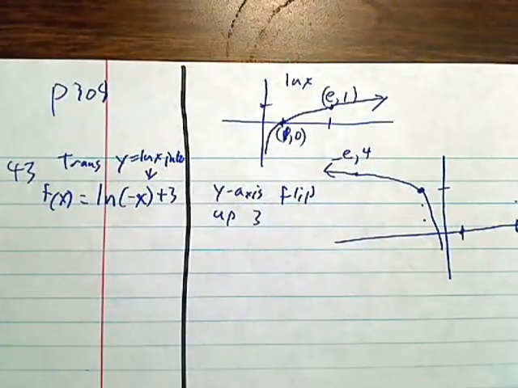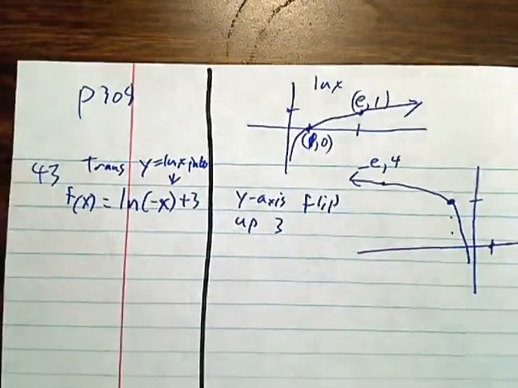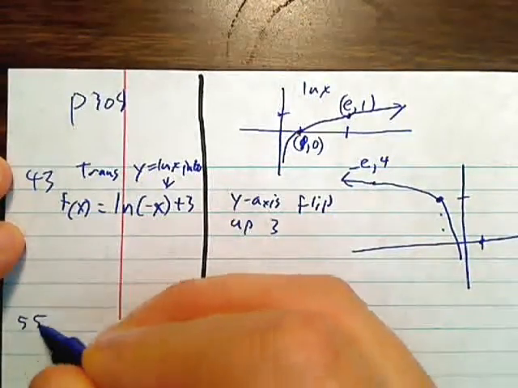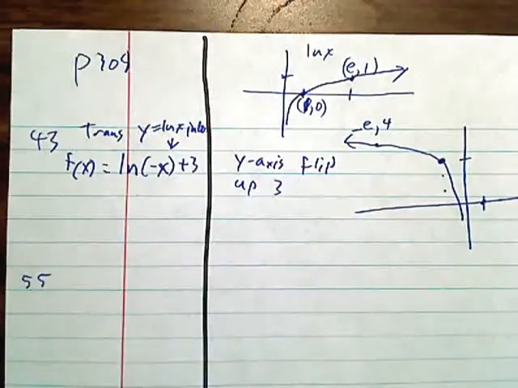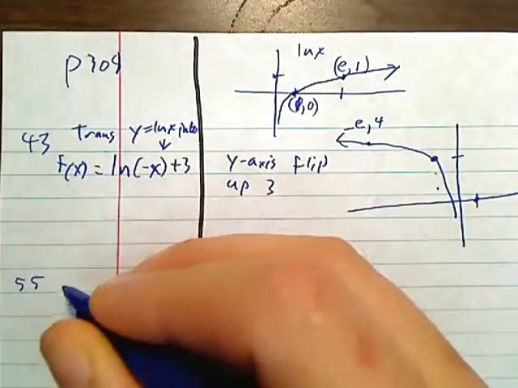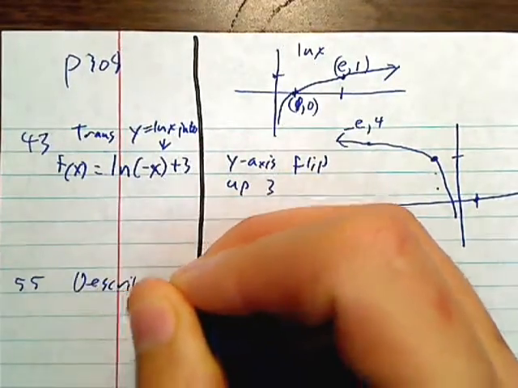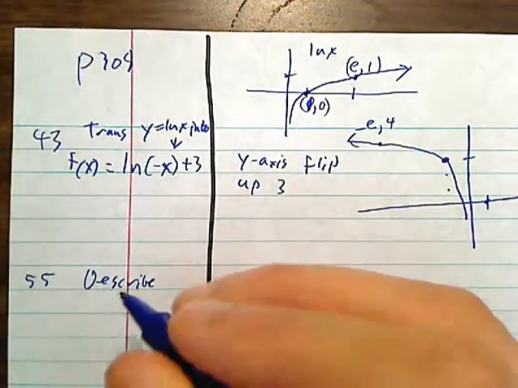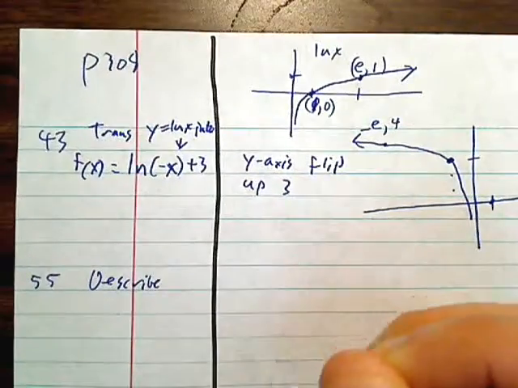Let's try 2 more here. I want to do number 55. Number 55 says graph the function, analyze for domain, range, continuity, all that stuff. I'm going to put it right here, and then I'll put my answers right beside it.